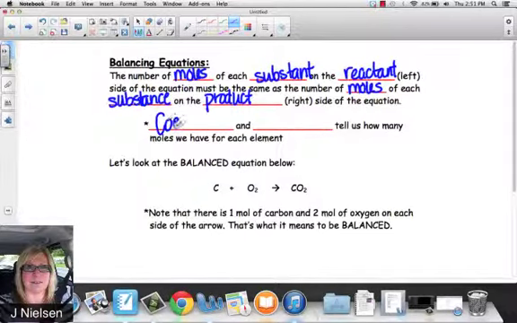The coefficients and the subscripts tell us how many moles we have of each element.